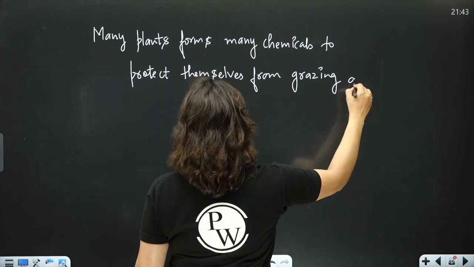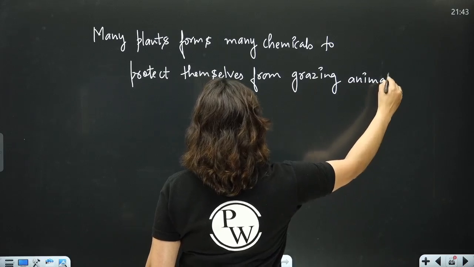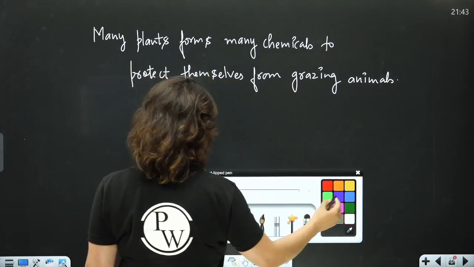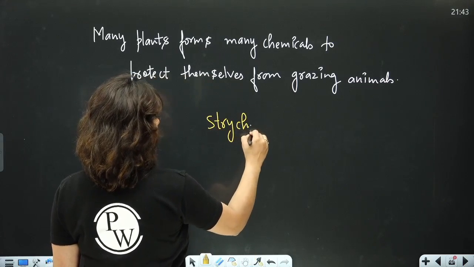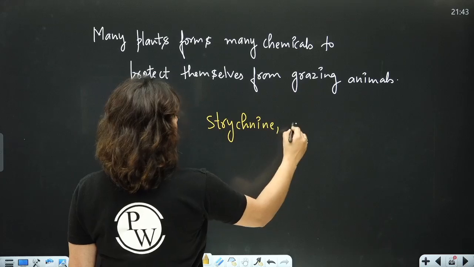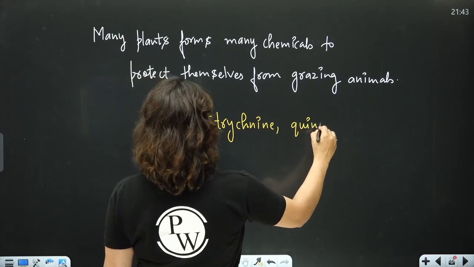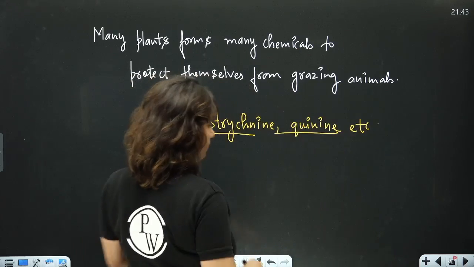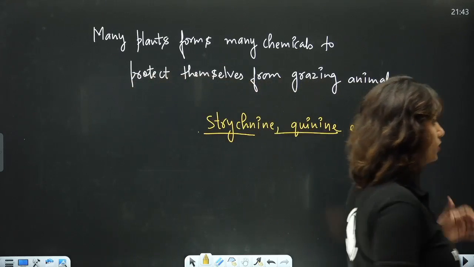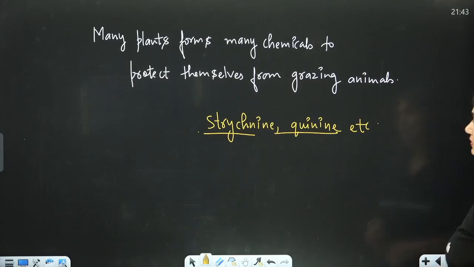There are several chemicals like, given in NCERT, strychnine, quinine, etc. Many chemicals are formed by the plant which protect themselves from the grazing animals.